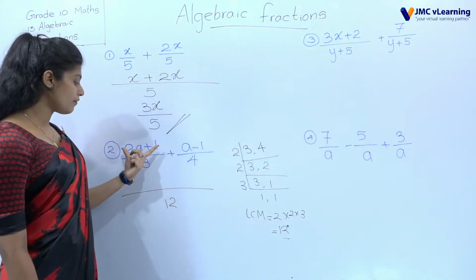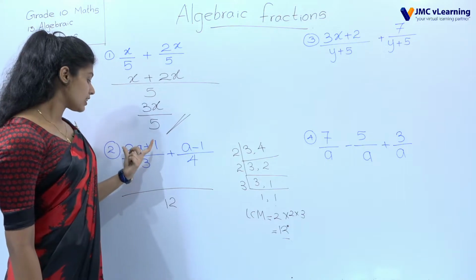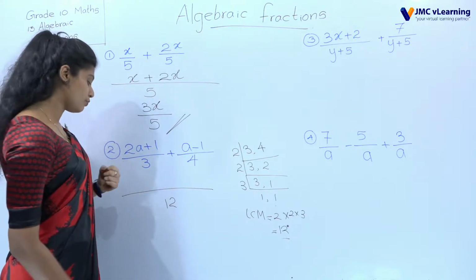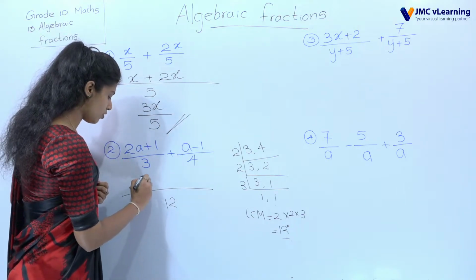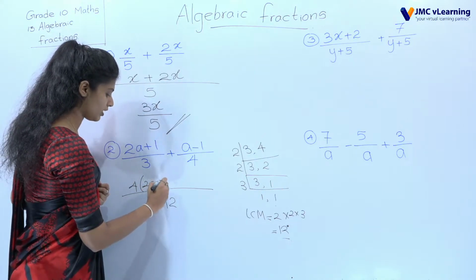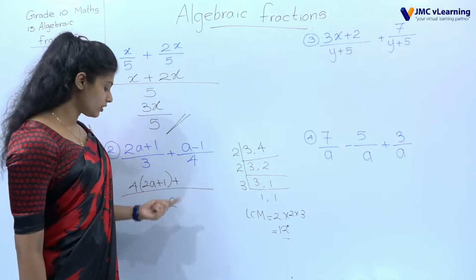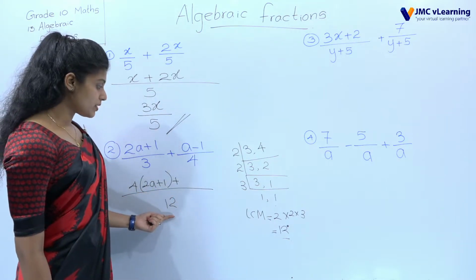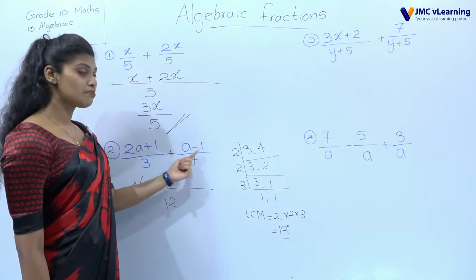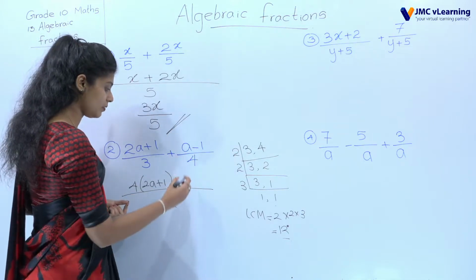That means you have to multiply this numerator part by 4: 4 multiplied by 2a plus 1. Add. There are 4 3's in 12. That means you have to multiply the a minus 1 part by 3.